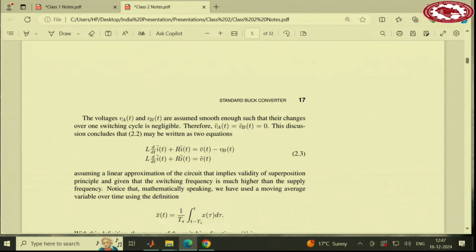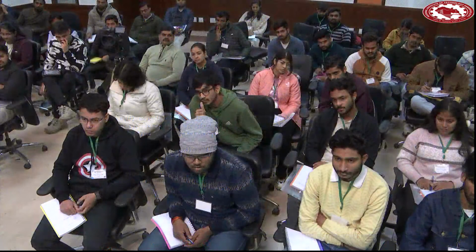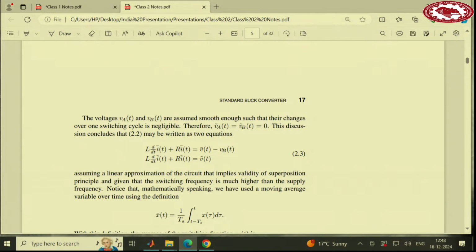So VA and VB only are DC, low frequency, but the inductor current and V across the diode have both components, both DC and AC.